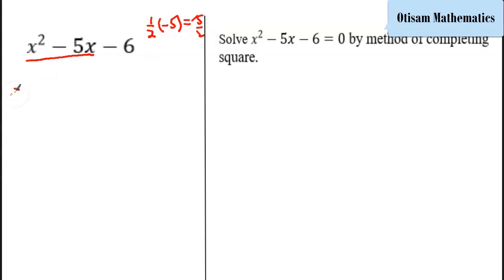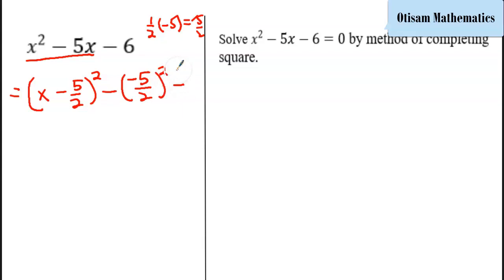So this is equal to bracket open. You take one of the variable, and this is minus 5 on 2 squared. Then you subtract the square from it. Minus 5 on 2 all squared, minus, there's minus 6 there, minus 6.